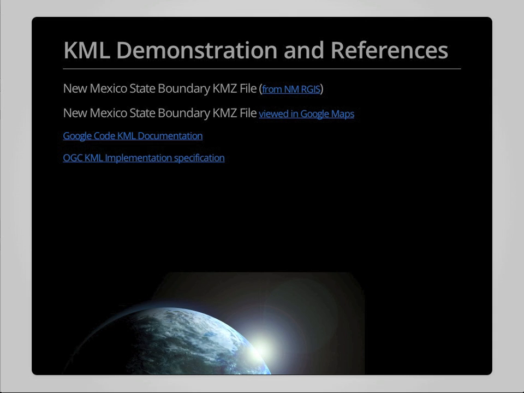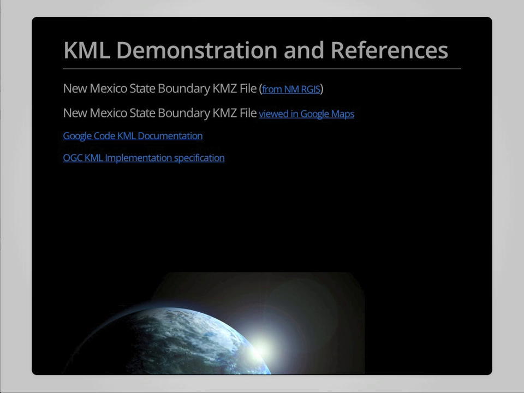So if we first want to take a look at a KMZ file that is coming from the New Mexico Resource Geographic Information System, I can click on this link, which in this case will download that file to my system.